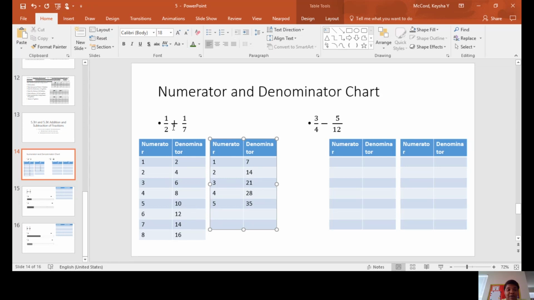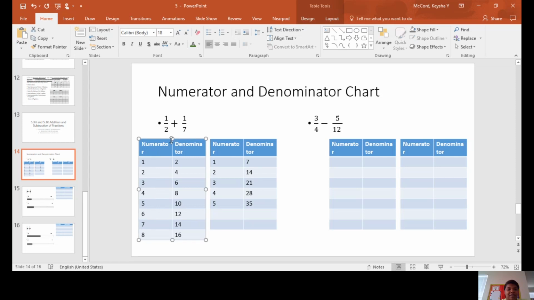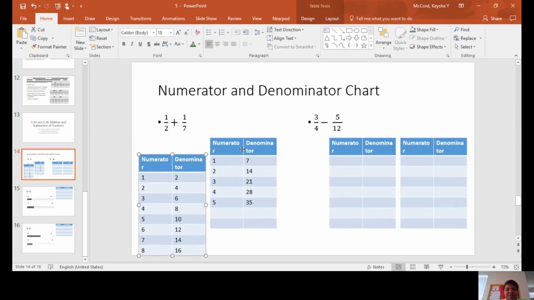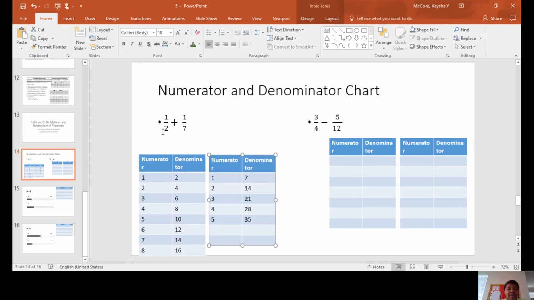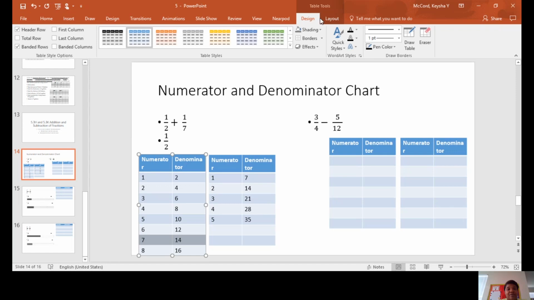So 1/2 is now going to become 7/14 because this fraction is equivalent to 1/2.